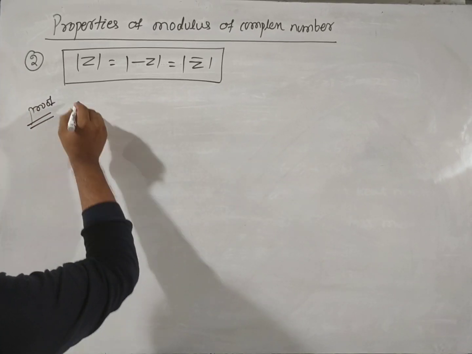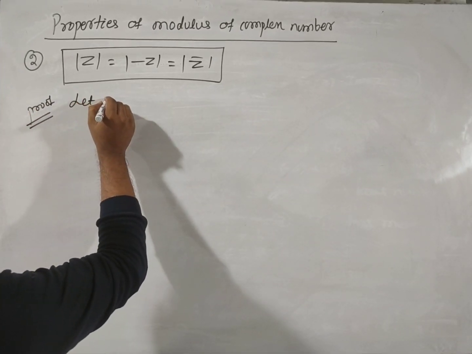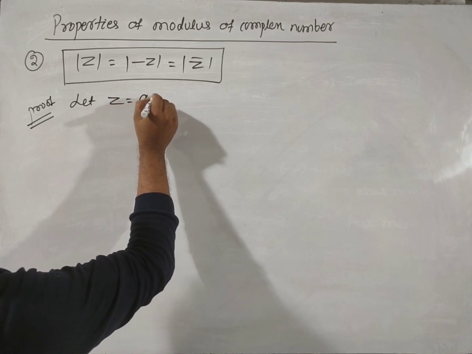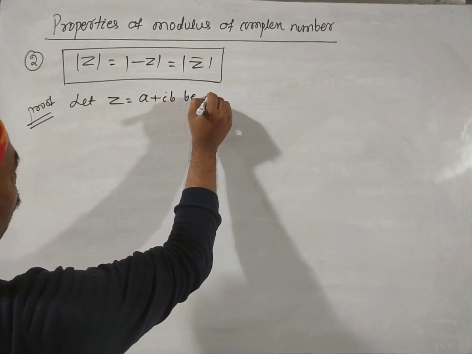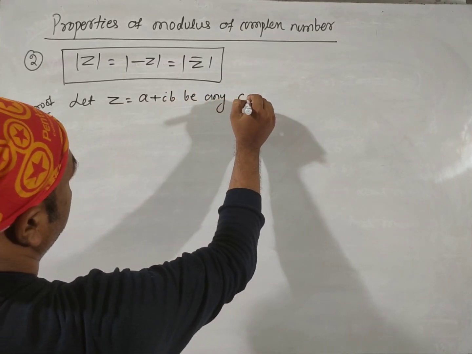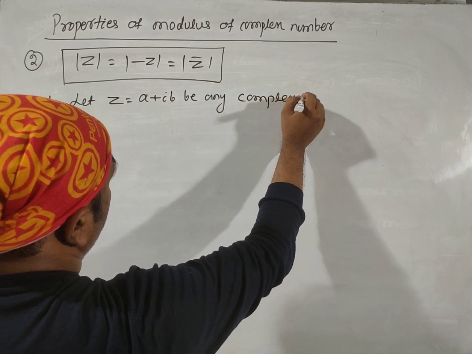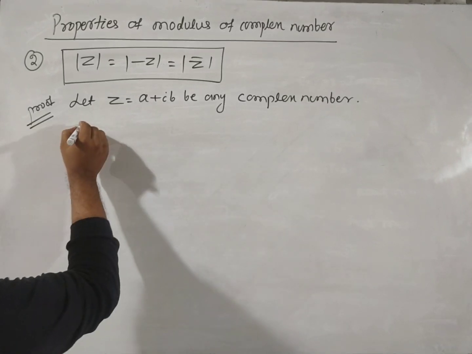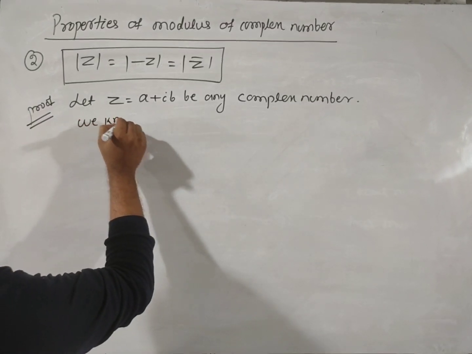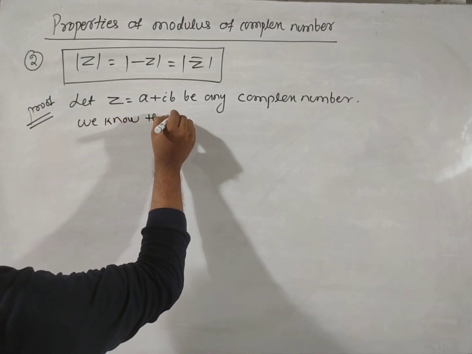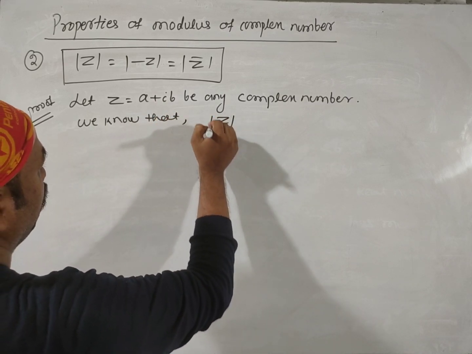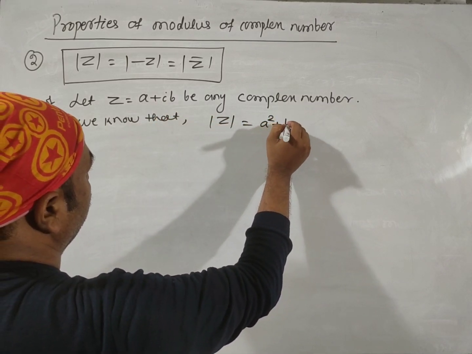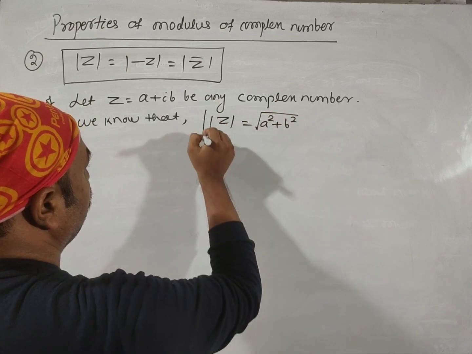So here it is the proof. Let us consider Z is equal to a plus ib be any complex number. We know that modulus of Z is equal to square root of a square plus b square.